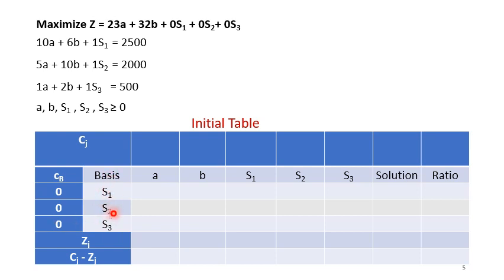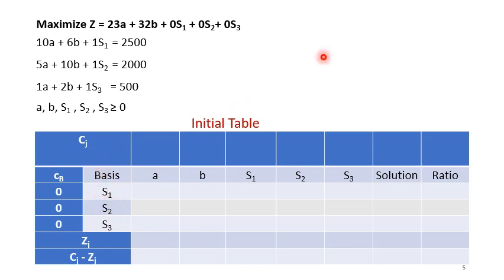These 3 initially will come into the solution. A and b will not come into the solution. Your objective is to find out the values of a and b, the values of decision variables which will optimize this particular LPP, this particular model. But initially in the simplex method you are taking s1, s2, s3, these slack variables, in the basis here.